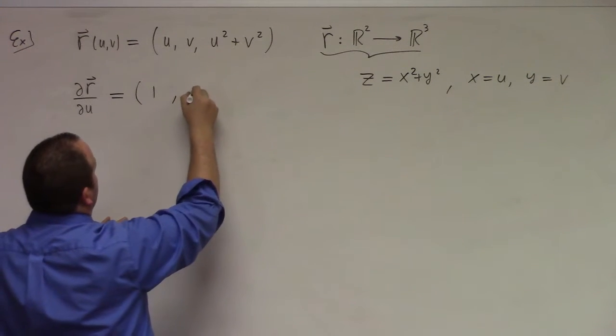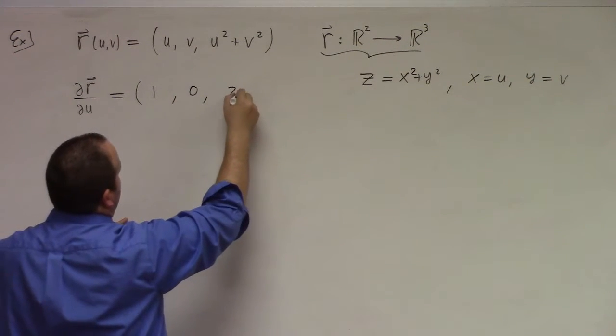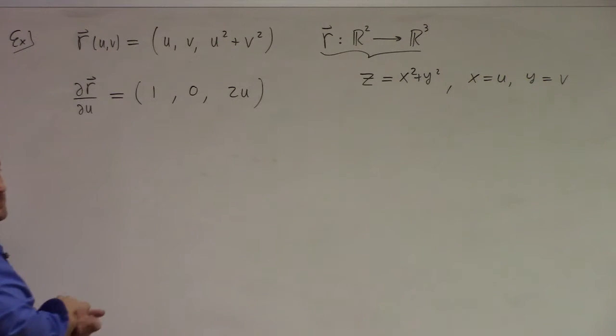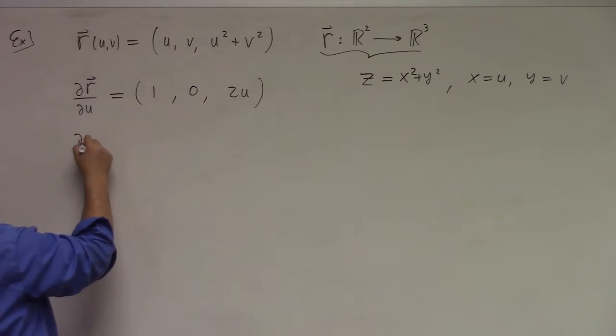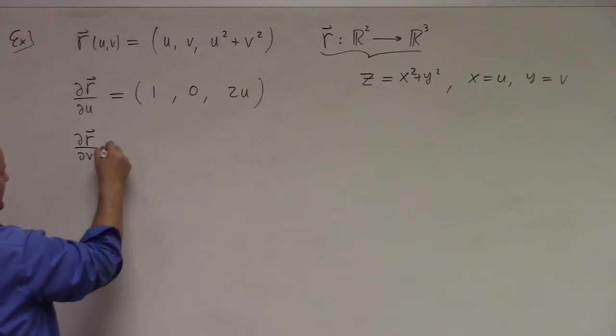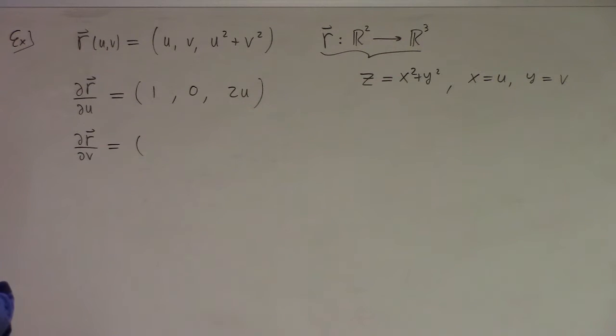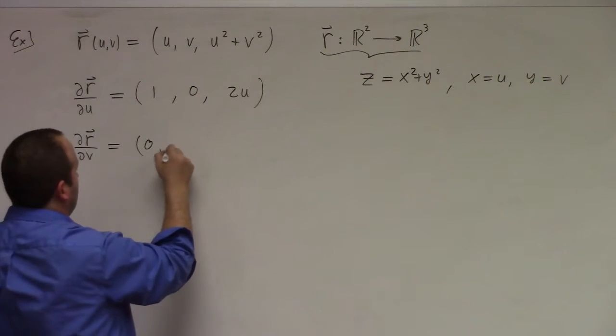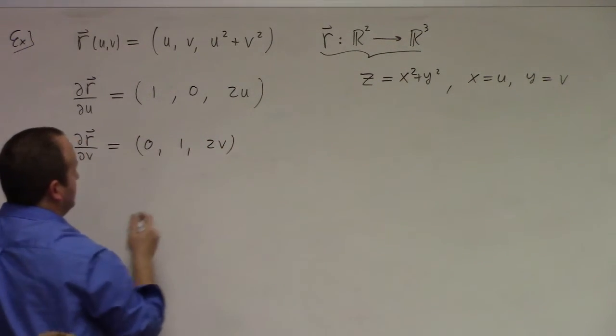1, 0, 2u. All right. What would partial r partial v be? Yeah, 0, 1, 2v.